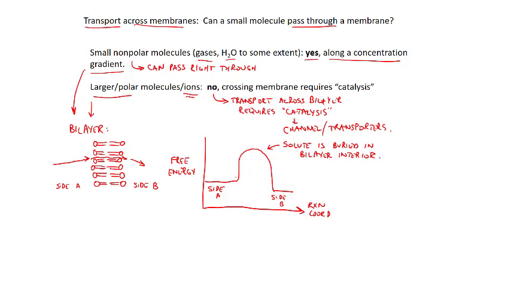So why is the barrier so high? Well, if you have some sort of a polar substance, when it's over here on side A and when it's over here on side B, it can hydrogen bond with water, which lowers its free energy.